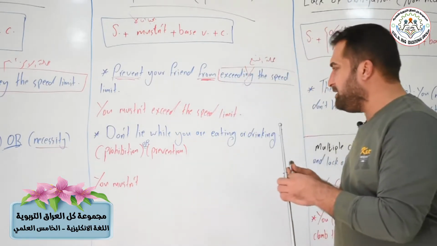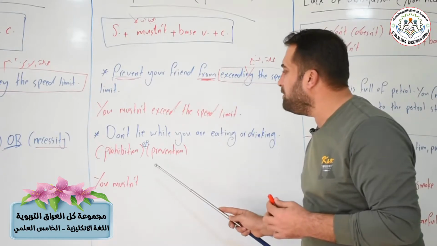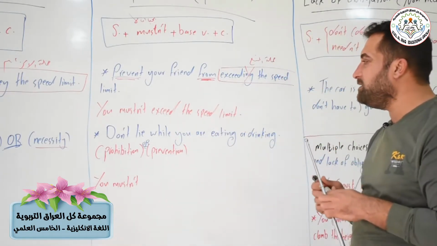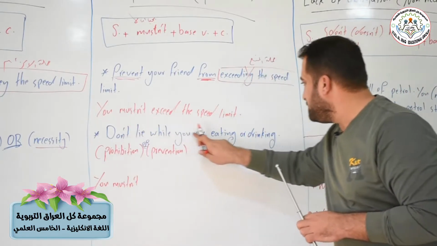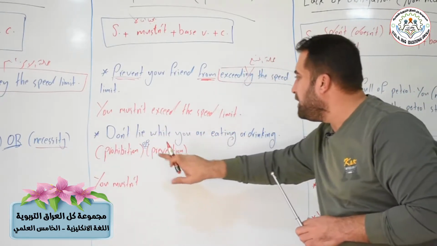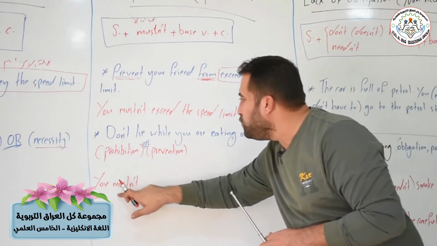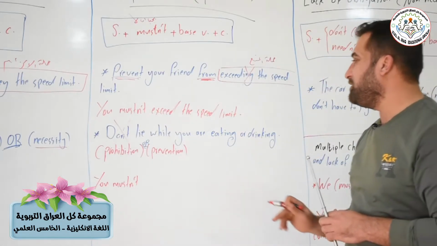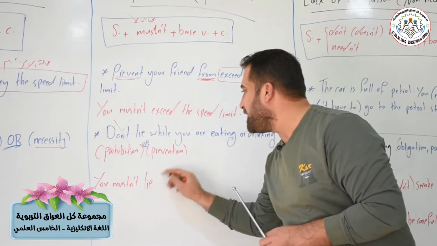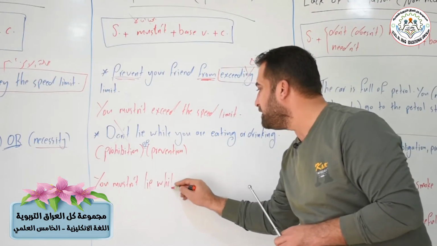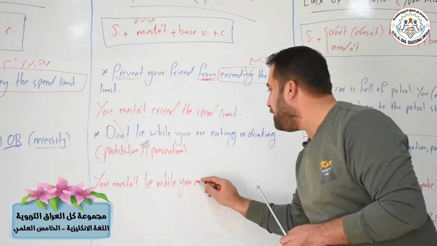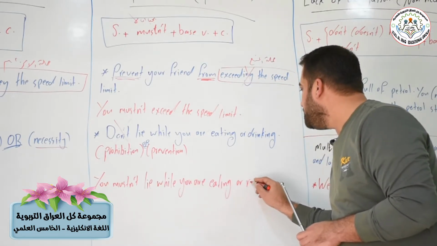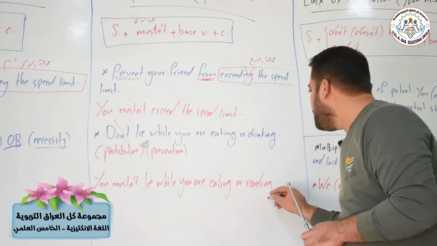And where is the sentence of prohibition or prevention which follows the modal mustn't? The same sentence: you mustn't, without don't. You mustn't lie while you are eating or reading.